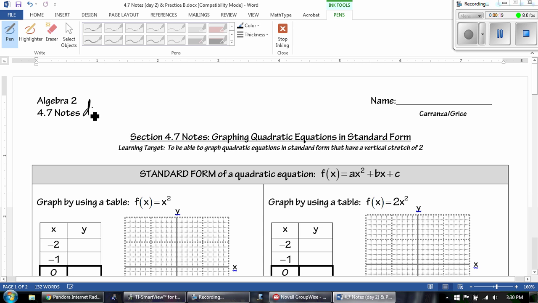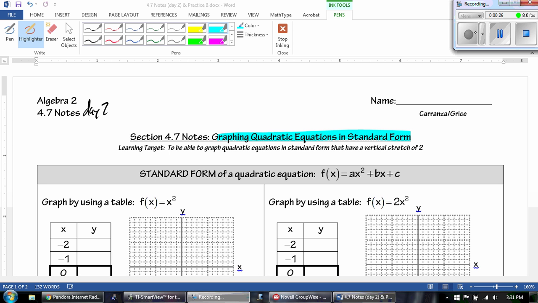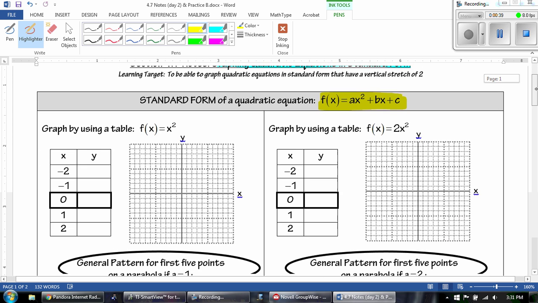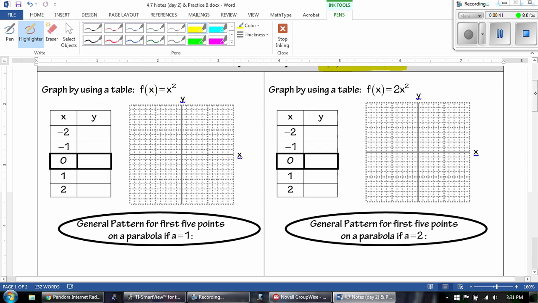Okay, day 2. So we're still talking about graphing quadratic equations in standard form. Let's review. Remember that standard form is when f of x equals ax squared plus bx plus c. And we talked about using a table.